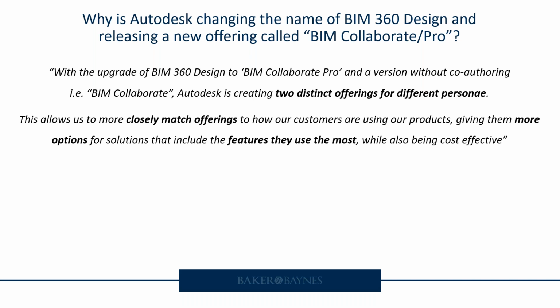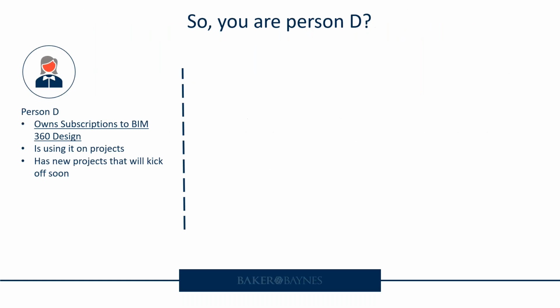This allows you to more closely go, well, I am a Revit user, I draw in Revit all the time, this one is for me, versus I'm perhaps a BIM coordinator or a project engineer. I don't use Revit all the time, but I do play a very big role in coordination and overseeing everything that is going on. And there's then an option for both of you. There's the official Autodesk answer if you wanted to have a look.